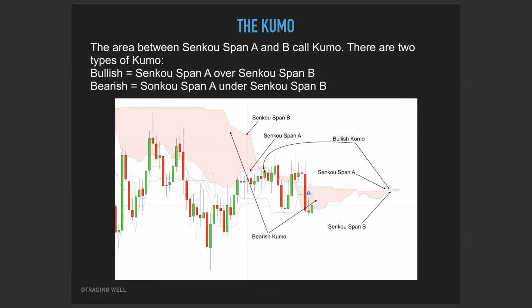Bullish, small bullish, and weak Kumo. Instead, it is bearish when Senkou span A is under Senkou span B, like here.